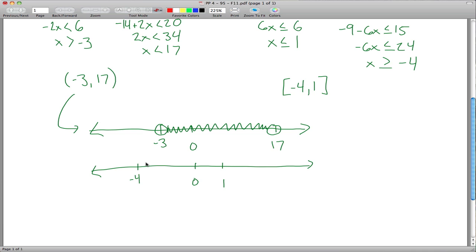And this set right here is negative 4, color that in, all the way up to 1, and we do want to include those 2 points, and everything in between.